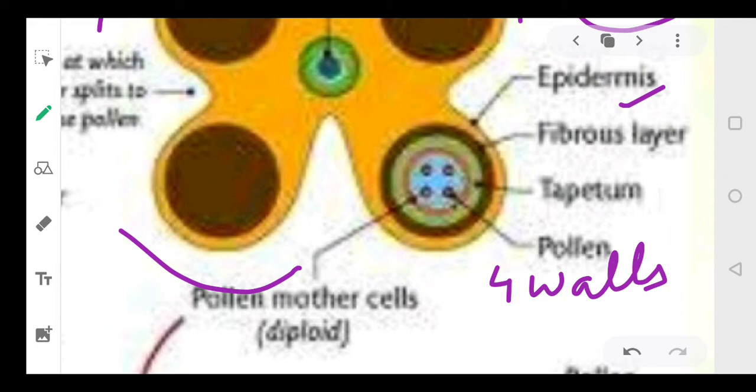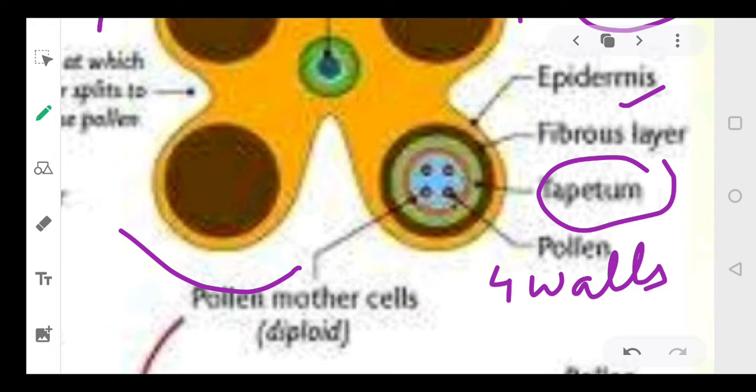The third is middle layer, and then we have the tapetum.